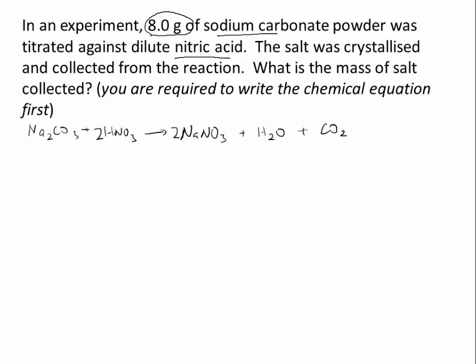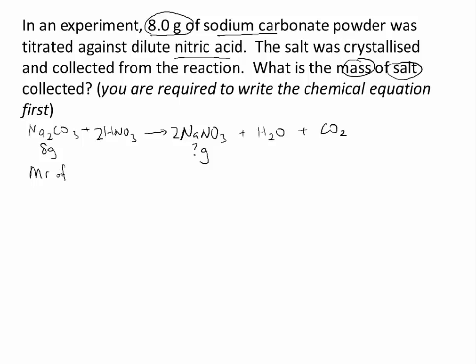Now next, you are given 8 grams of sodium carbonate powder and you're asked to find out what is the mass of the salt. In other words, you have to find how many grams of sodium nitrate is produced. So first of all, let's calculate the molar mass of sodium carbonate.